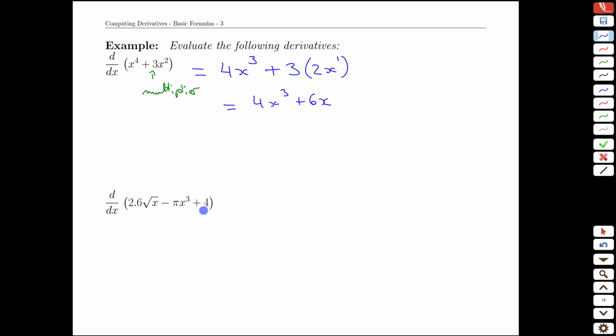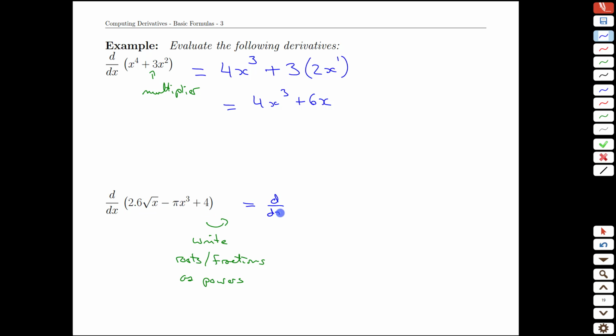This derivative here looks a little hairier. Fortunately, the first thing we can do is rewrite it in a form that makes those rules easier to apply. And by that I mean write roots and, in general, fractions as powers. So remembering that d/dx is the verb, it says take the derivative of all of this.